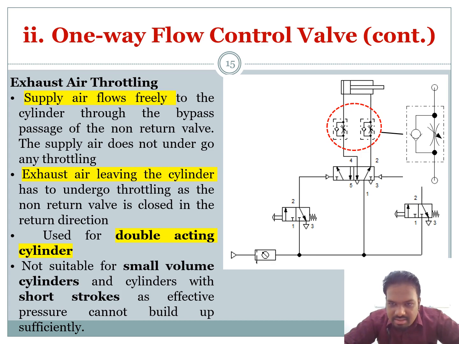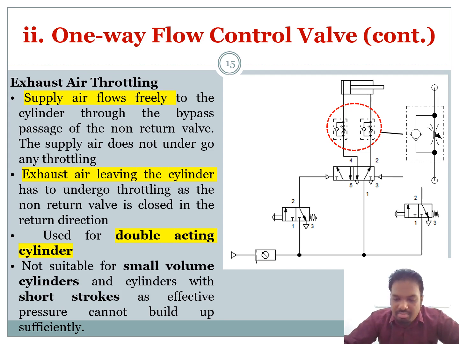When the airflow from the cylinder is entering the one-way flow control valve, it will go here first, and it will see that the path is blocked, so it will be forced to flow through the one-way flow control valve, or the non-return valve. So it will enter here, and the flow here will be controlled.